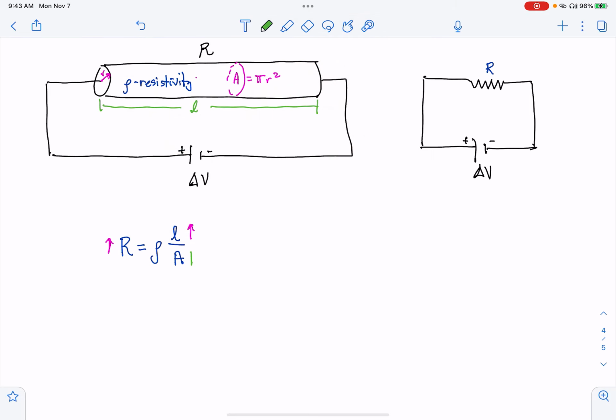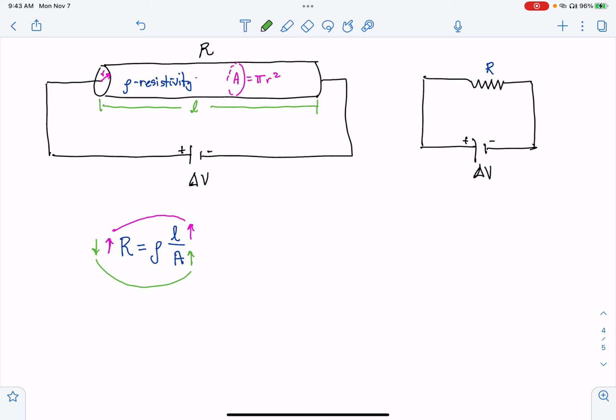If the area increases, the resistance decreases. That's what's meant by directly proportional. These two are directly proportional, and these two are inversely proportional.